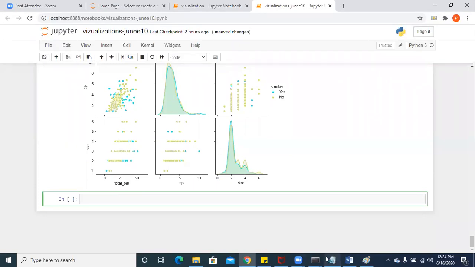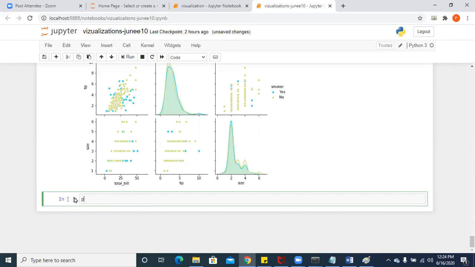The other most important thing is the heat map. What is this heat map? Heat maps are very useful and intuitive plots where we have a matrix of data. So let's see how we create a heat map.